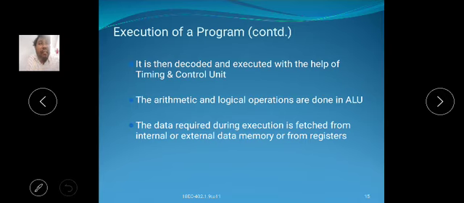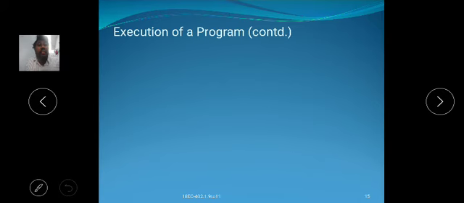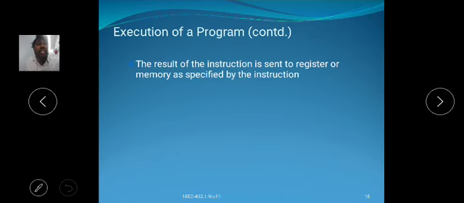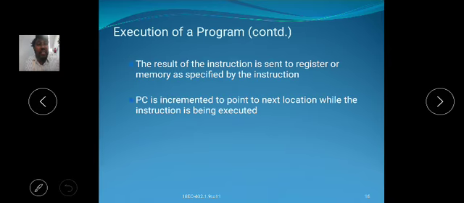The data required during the execution is fetched from internal or external data memory or from the registers. The result of the instruction is sent to the register or memory as specified by the instruction.